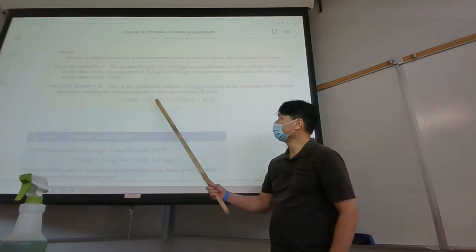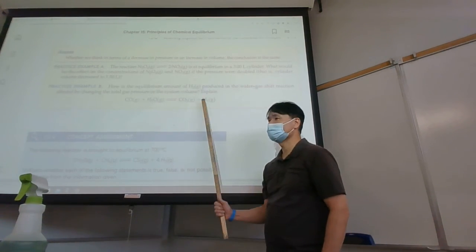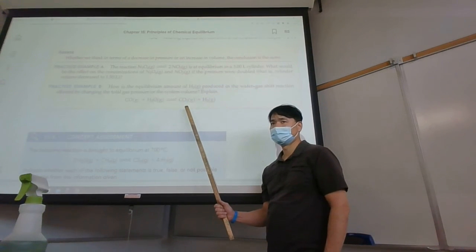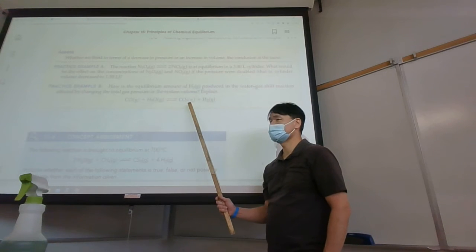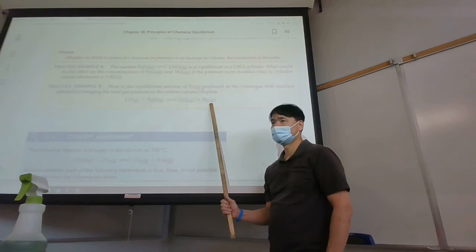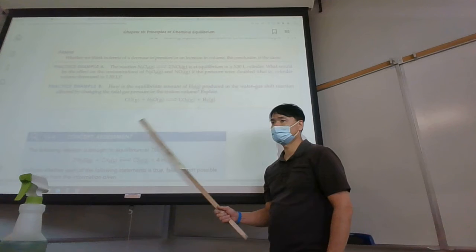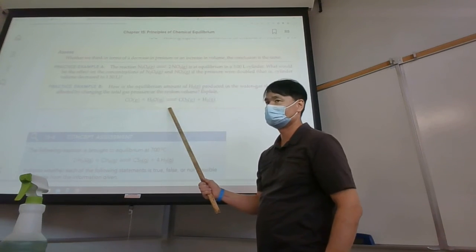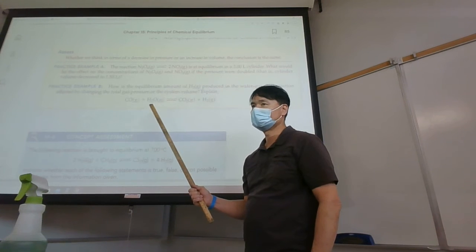If the moles of gas are the same on both sides, then it doesn't favor either side. And so pressure is not going to impact this. It's not going to shift it one way or the other.